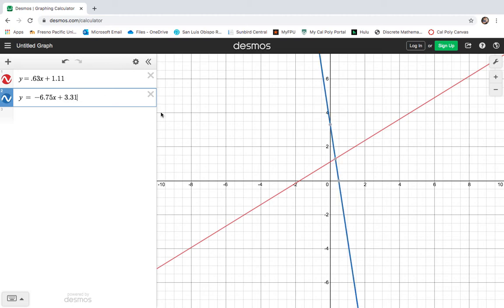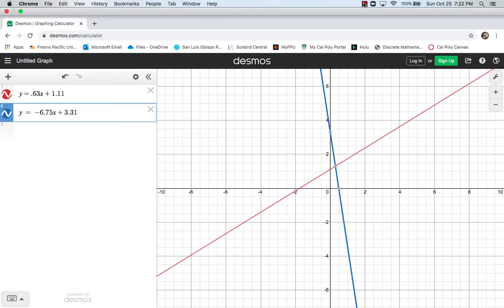Okay, so let's look at the intersection point. That's going to be our solution. So our solution, rounded, is about 0.3, 1.3. So that's our solution to the system.